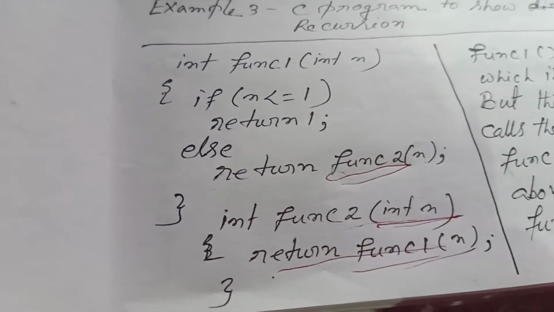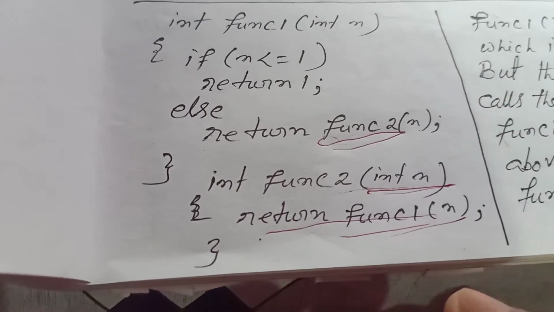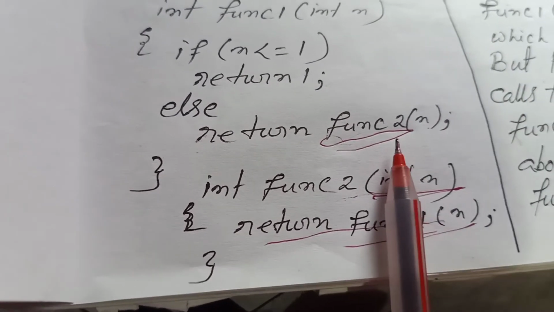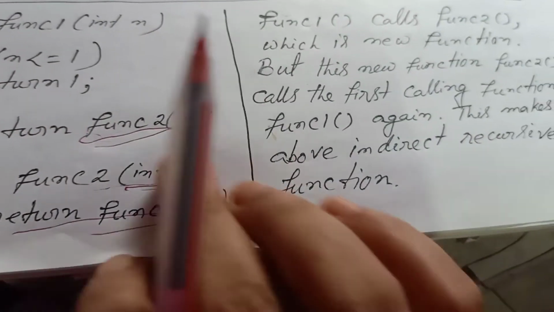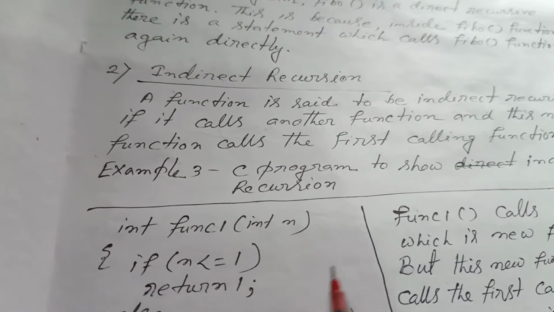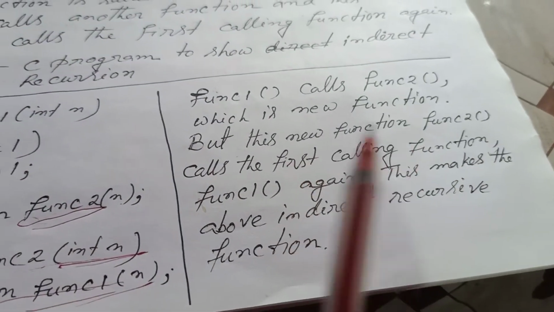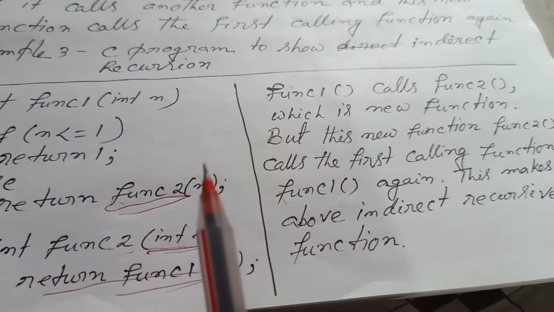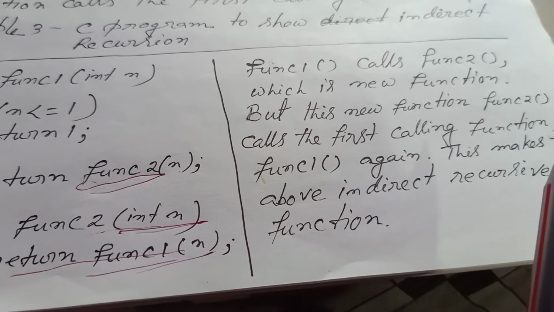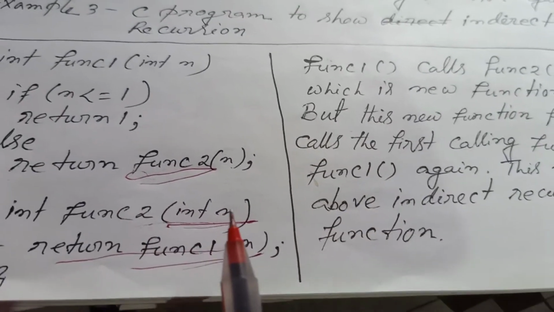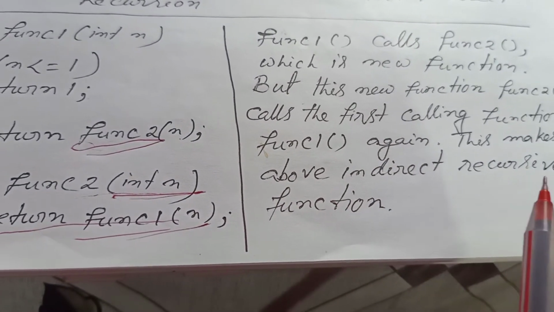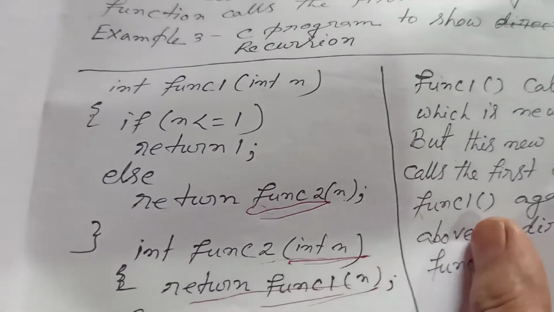That means the second function called the first function. So the first recursive function is called indirectly. That's why this is the example of indirect recursion. Function 1 calls function 2, which is a new function, but this new function calls the first function. This makes the above example indirect recursion.